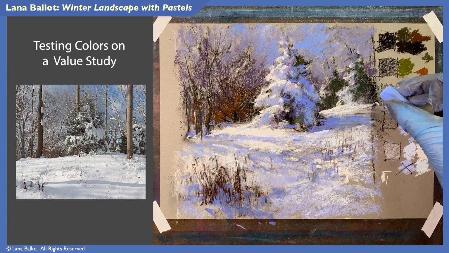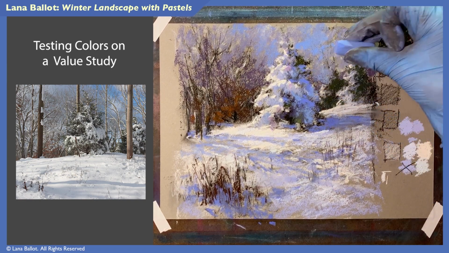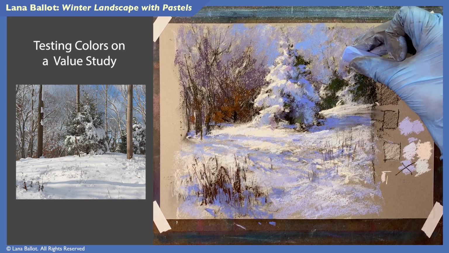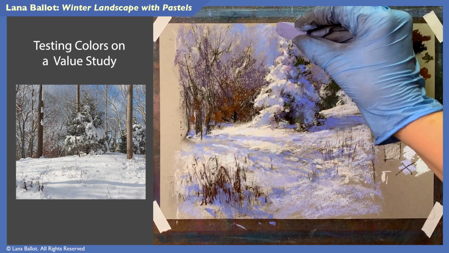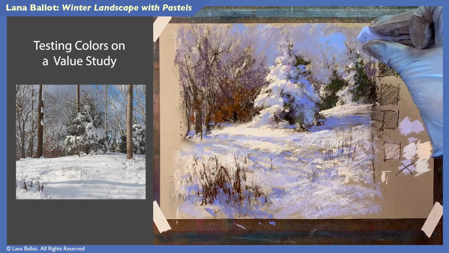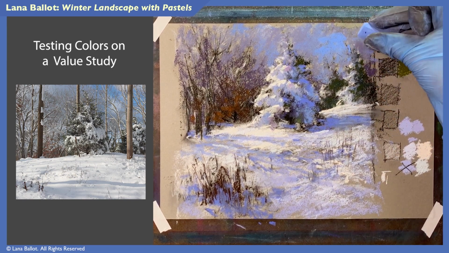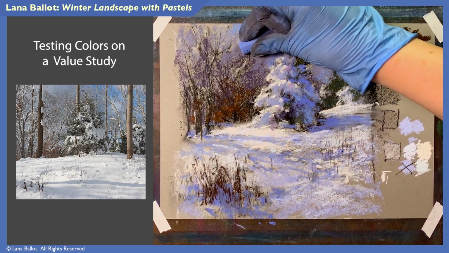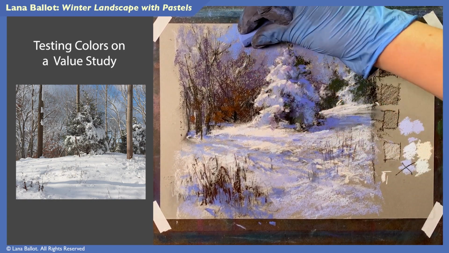I have to be a little bit more careful though, so that the blue in the sky doesn't merge with the blue of the shadow of the tree. So that's why maybe I should have a little bit of that grayed down color around the tree. Again, just trying different variations.